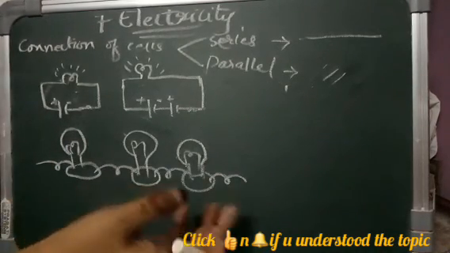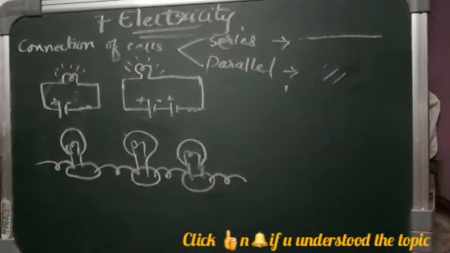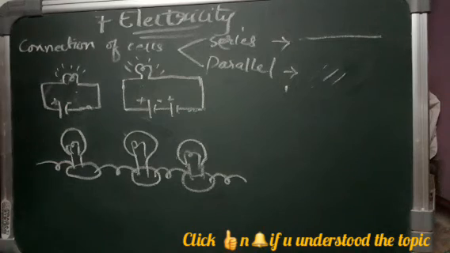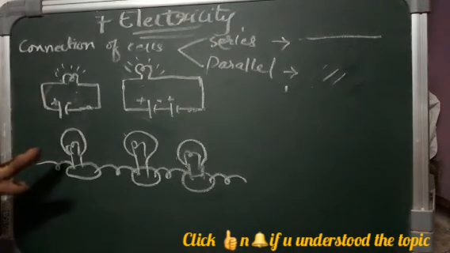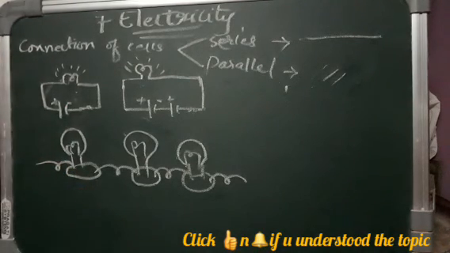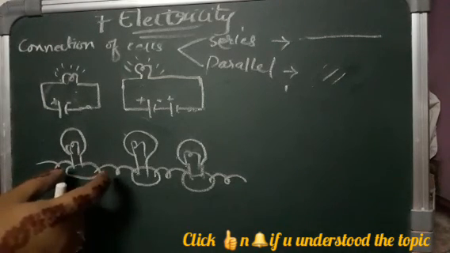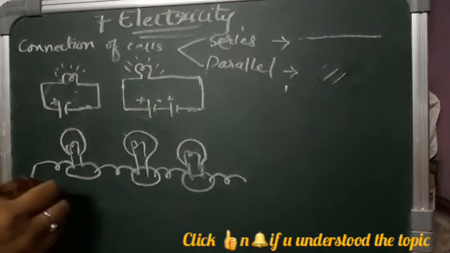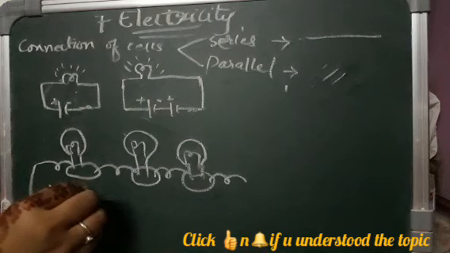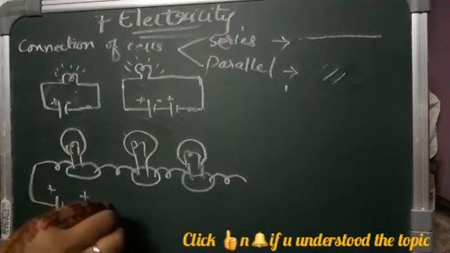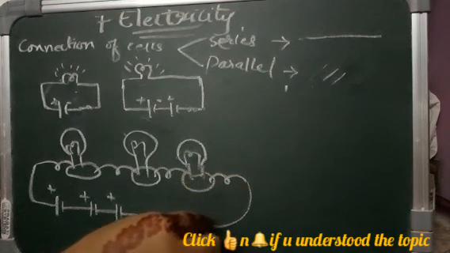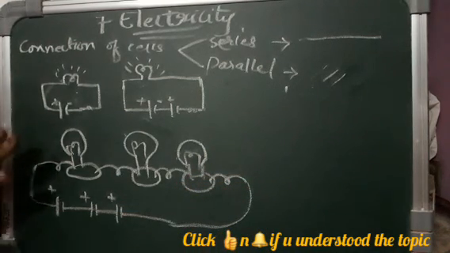One by one, for example, we'll take a torch. See, we have connected this in series. Now we are connecting the cell to it. When the bulb gets current, you can see that it is glowing very brightly.